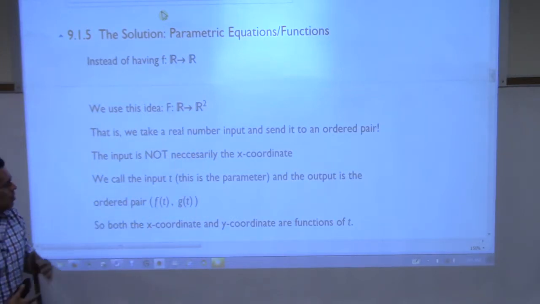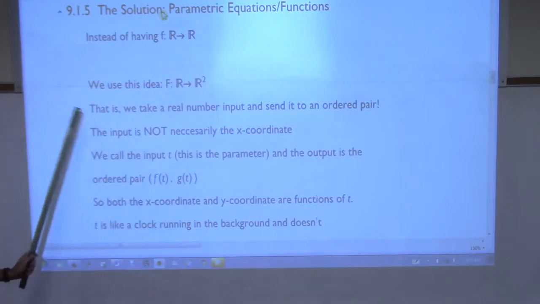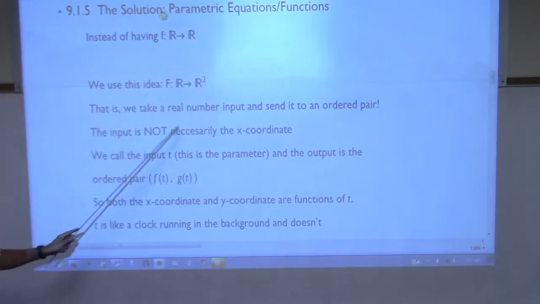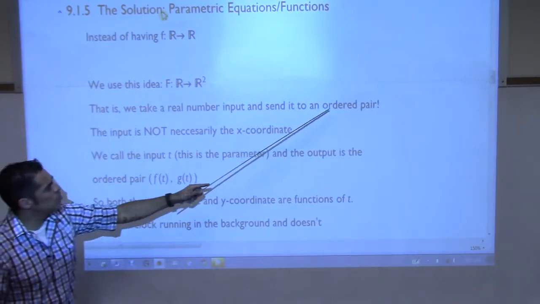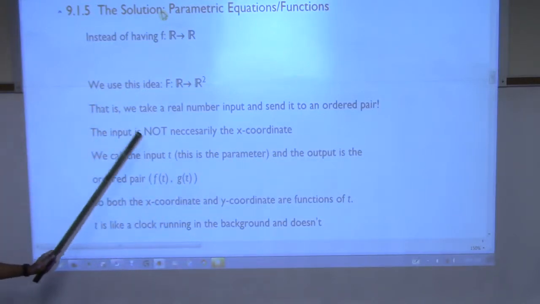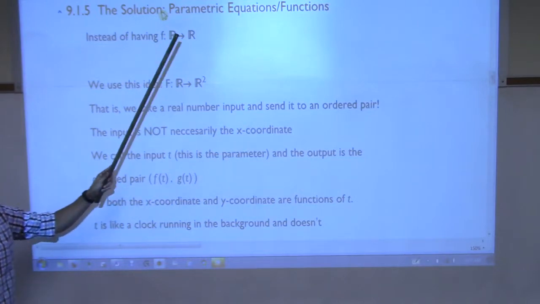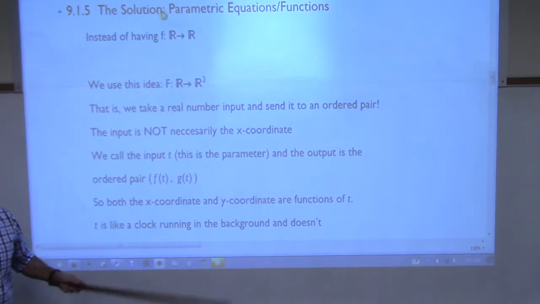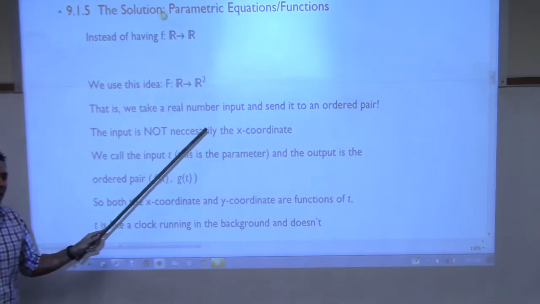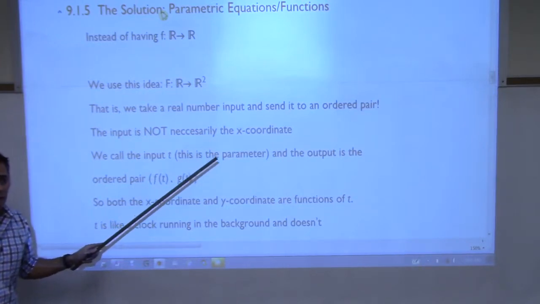That is, we take a real number in and send it to an ordered pair. The input is not necessarily the x-coordinate anymore. You know how in normal functions the x-coordinate is always the input? Here, our input is not necessarily our x-coordinate or the y-coordinate.